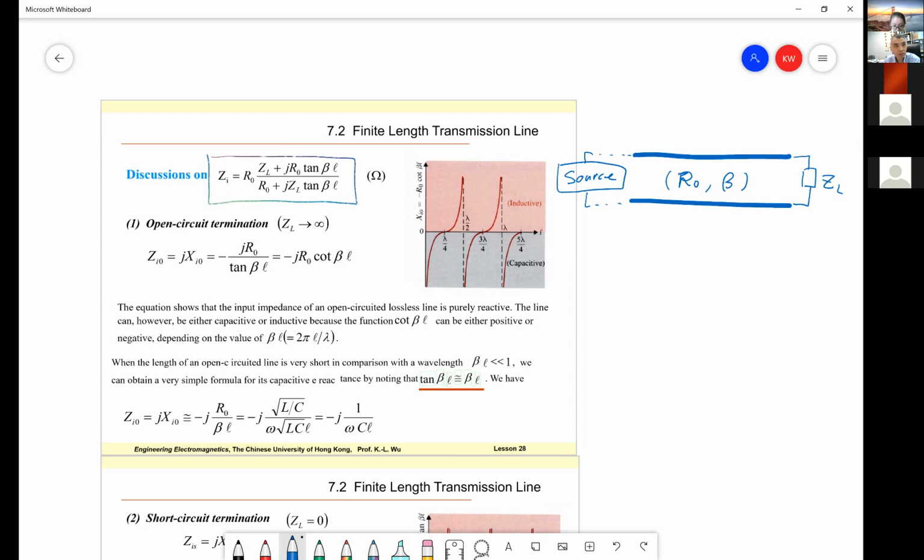This is the basic property of the transmission line. Now, let's say we look at a certain location, this location with the load, the distance is L.